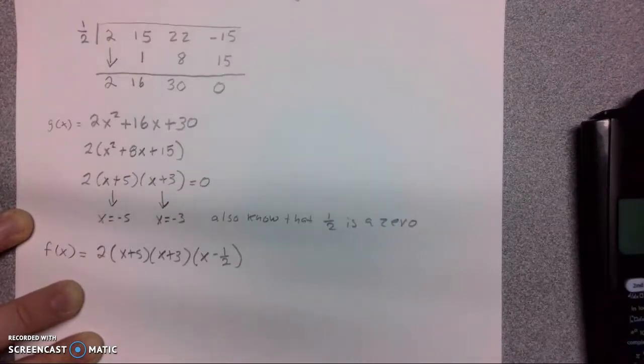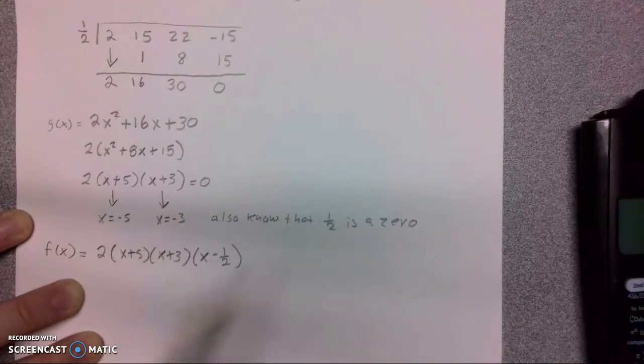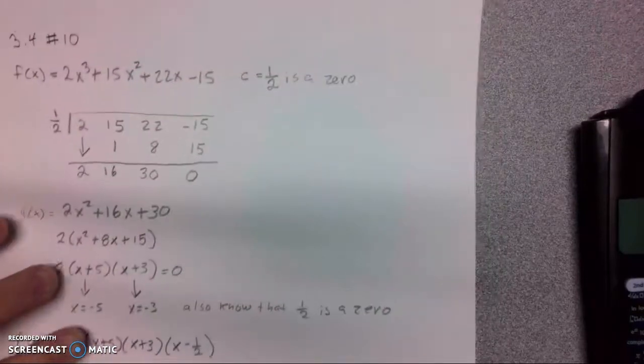Alright, so we have several things to look at in deciding how to make a graph of this. One thing, we know where it crosses the x-axis. That was at -5, -3, 1/2. Alright. We can look at our original polynomial.